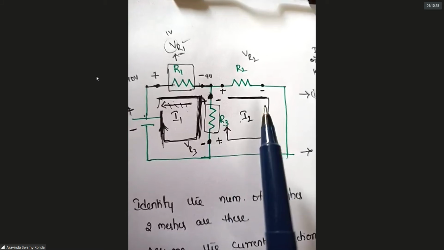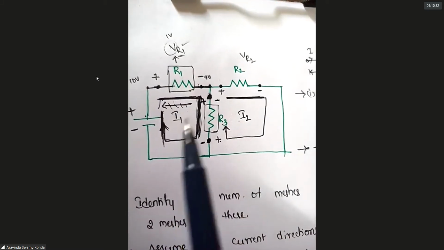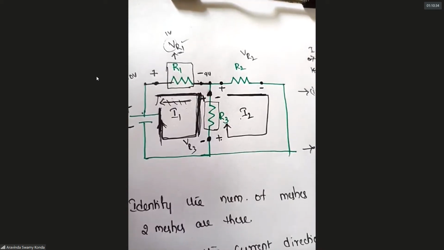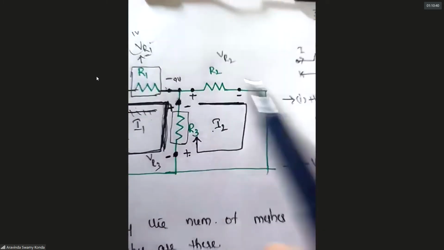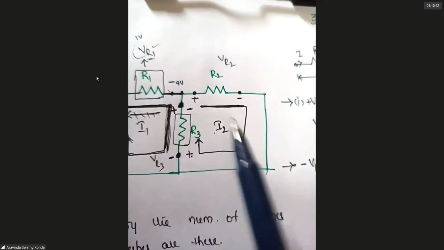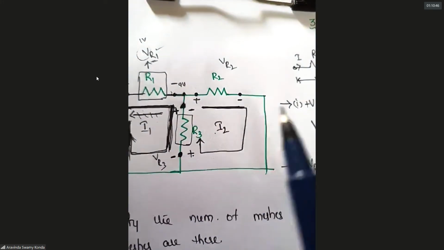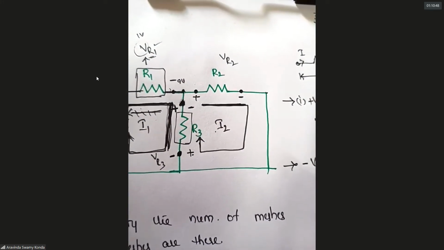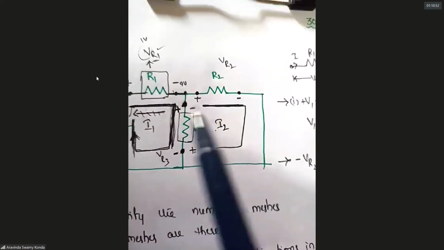If it is an individual element, take the mesh current. If it is a combination element, take the net current of the two meshes. Net current means the resultant, or the subtraction, of the currents of the two meshes.